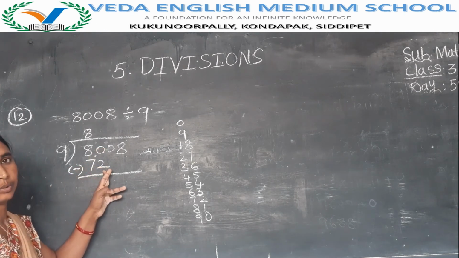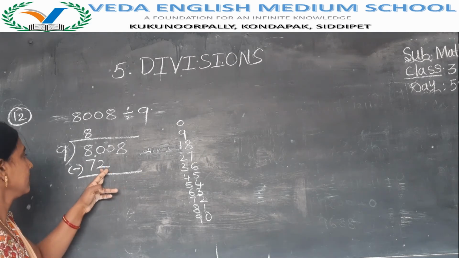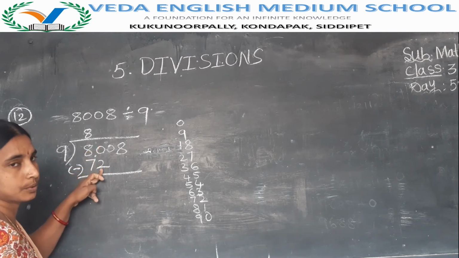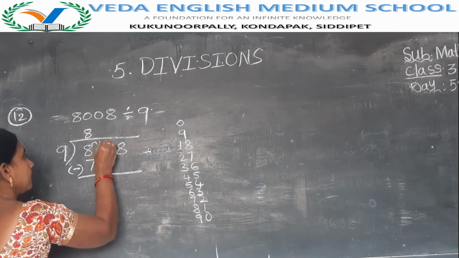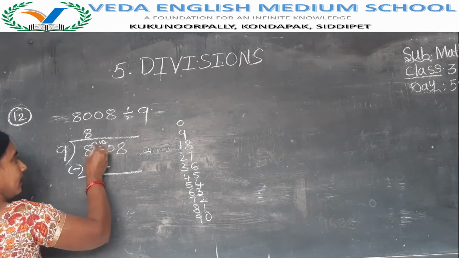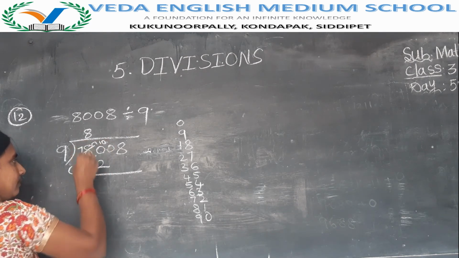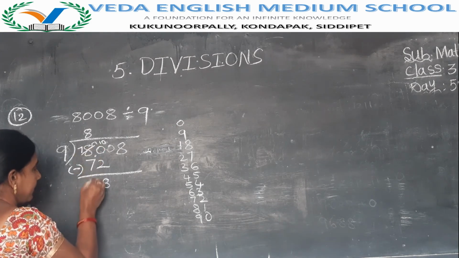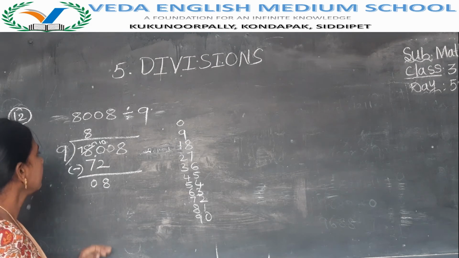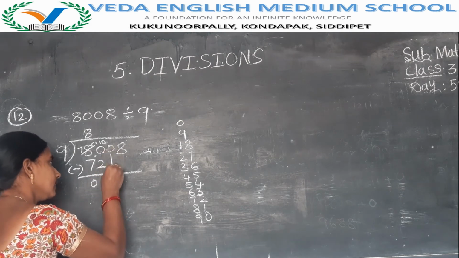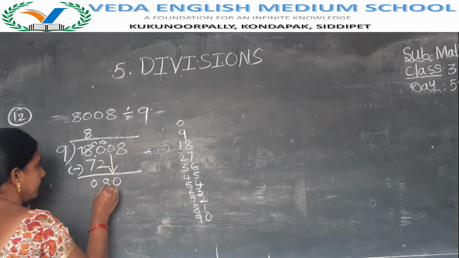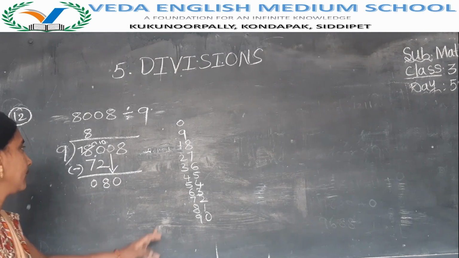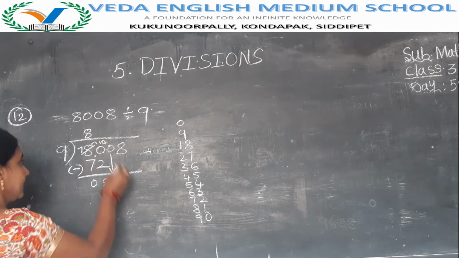Now do the subtraction. 0 minus 2 is not possible. See, 0 is less than 2. So take borrow: 10 plus 0 is 10. Here 8 becomes 7. 10 minus 2 is 8. 7 minus 7 is 0. Okay, now bring down this 0. Here also 80, so here also 9 eights are 72.